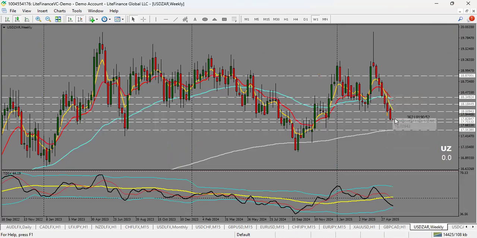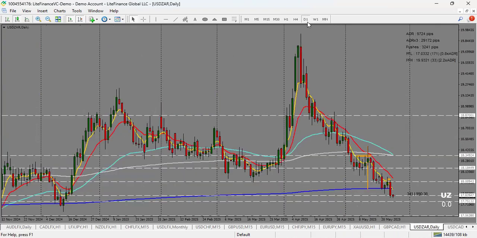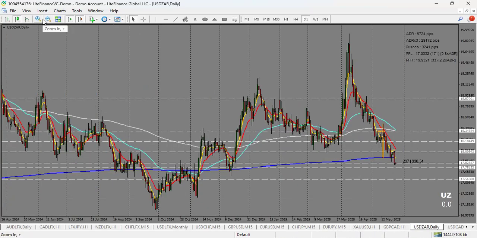So this is the weekly time frame. And you can see the market had moved very big, and we had actually broken this low, a liquidity range, and we are at an order block based on the monthly time frame.